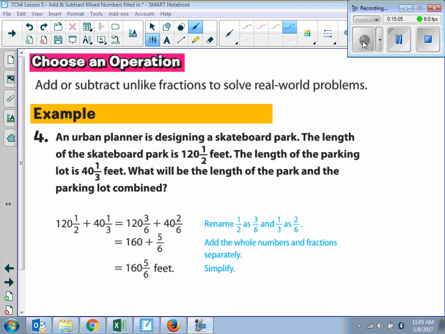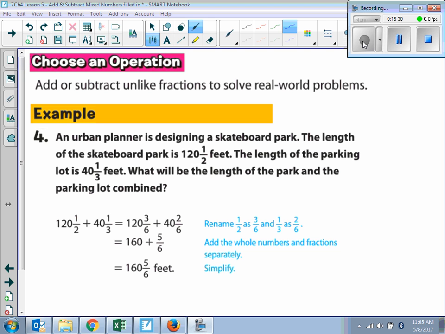For example 4, this is choosing an operation to solve a real-world problem. It says an urban planner is designing a skateboard park. The length of the skateboard park is 120 and a half feet. The length of the parking lot is 40 and 1/3 feet. What will be the length of the park and the parking lot combined? So here, combined, of course, we're going to add. Very good.